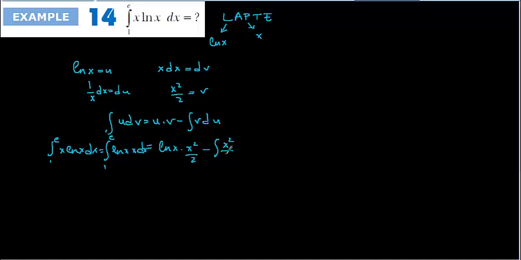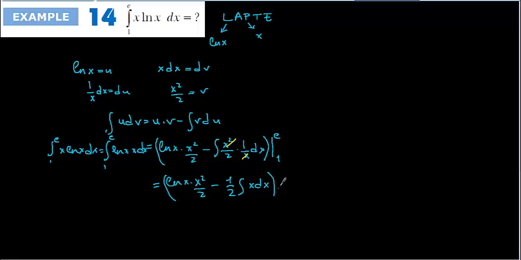Here v is x squared over 2 times 1 over x dx. Then it's equal to, from 1 to e, ln x times x squared over 2 minus, if you simplify x squared and x, and take the 1 over 2 in front of the integral, 1 over 2 times the integral of x dx from 1 to e.